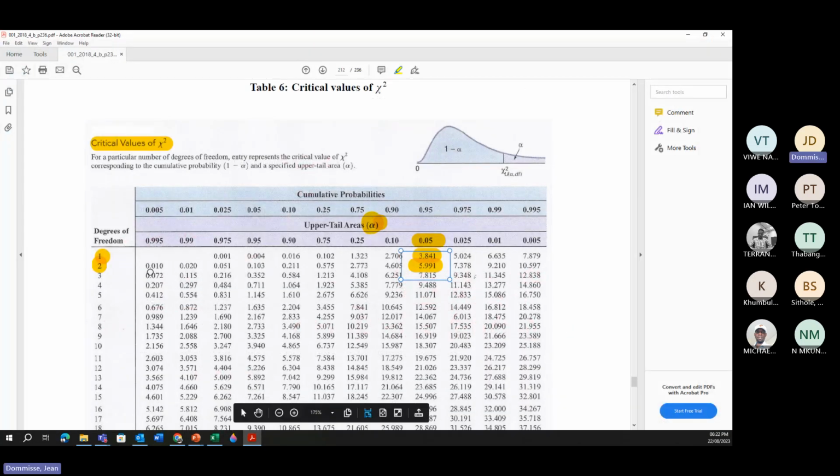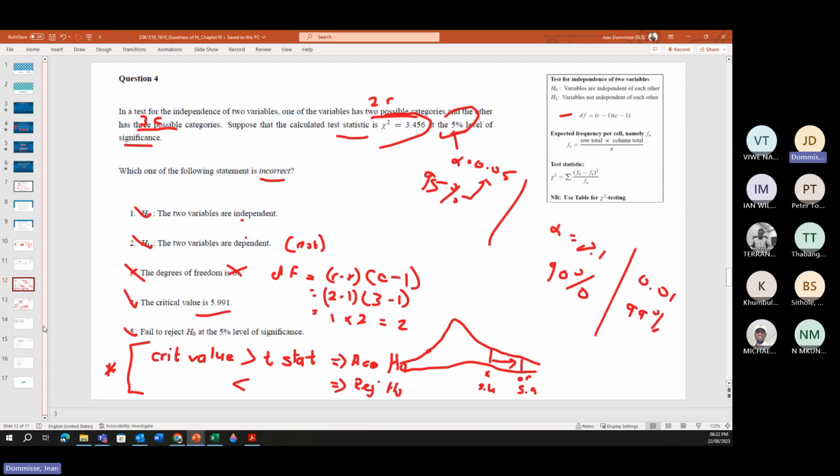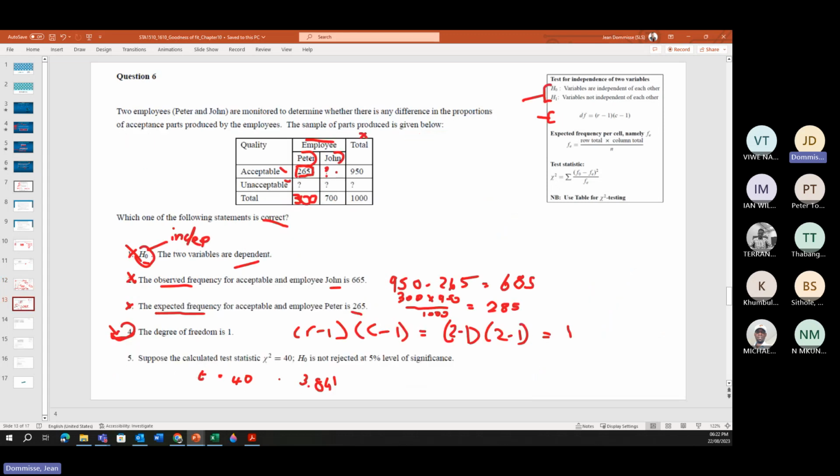So 5% degrees of freedom 1 is 3.841. So if the critical value is smaller than the t-stat, we will reject. Critical value is smaller than the t-stat, so we will reject. And they say we will not, because that is wrong, because we will reject.